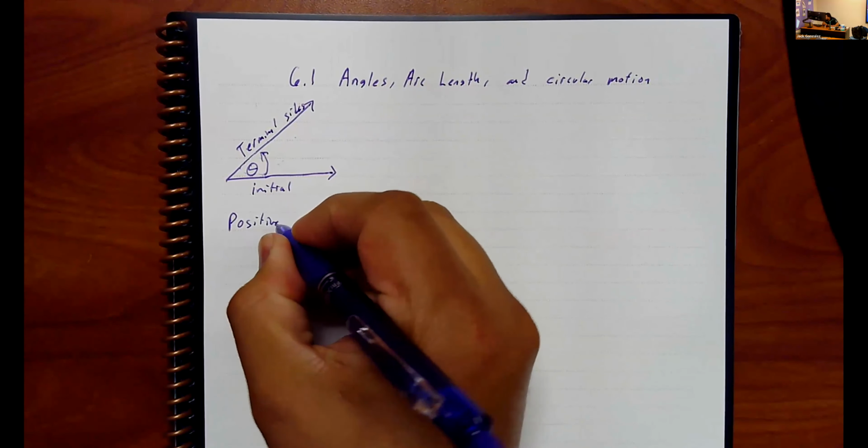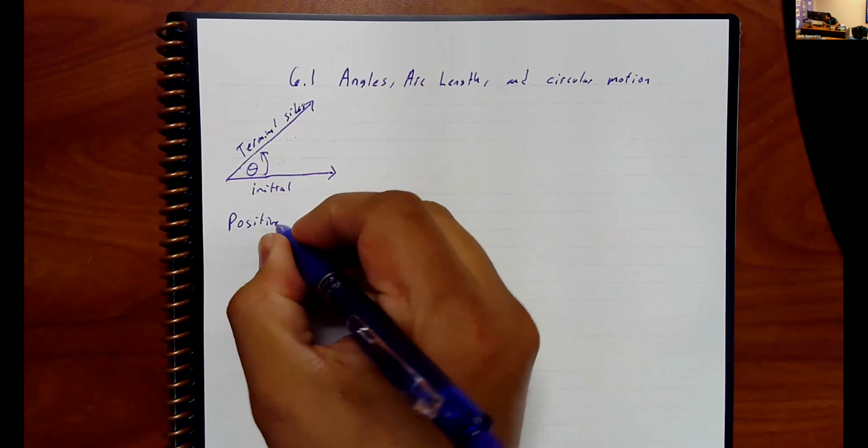This one's a little more interesting because it's bigger than 360, right? So let's do that one instead. The 360 means I start at 0 and I end up right where I started. So that's 360.